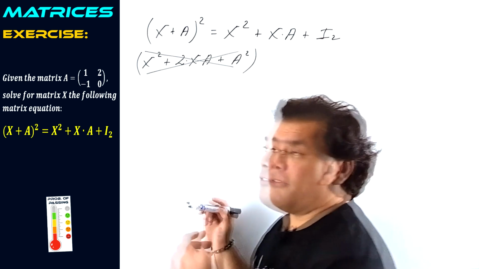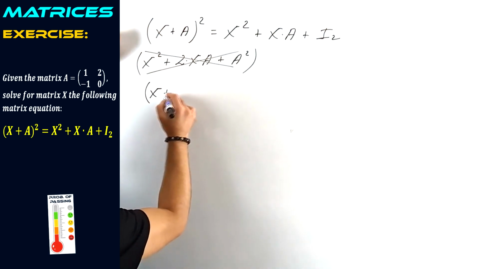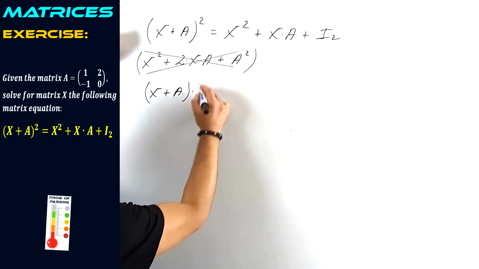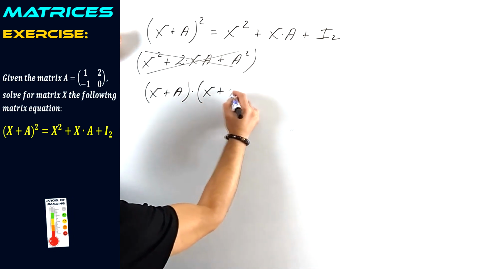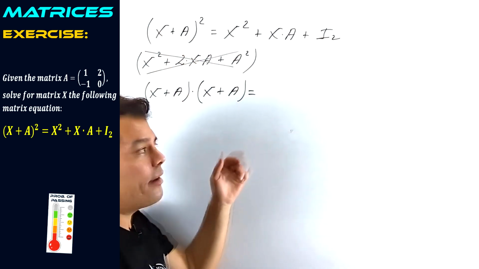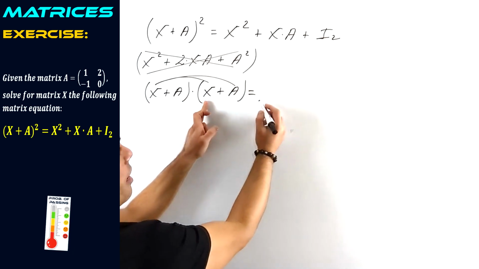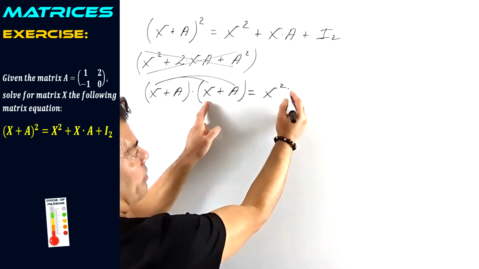Let's apply the definition of power: X plus A multiplied by itself, X plus A. And let's go ahead. X times X, X squared.